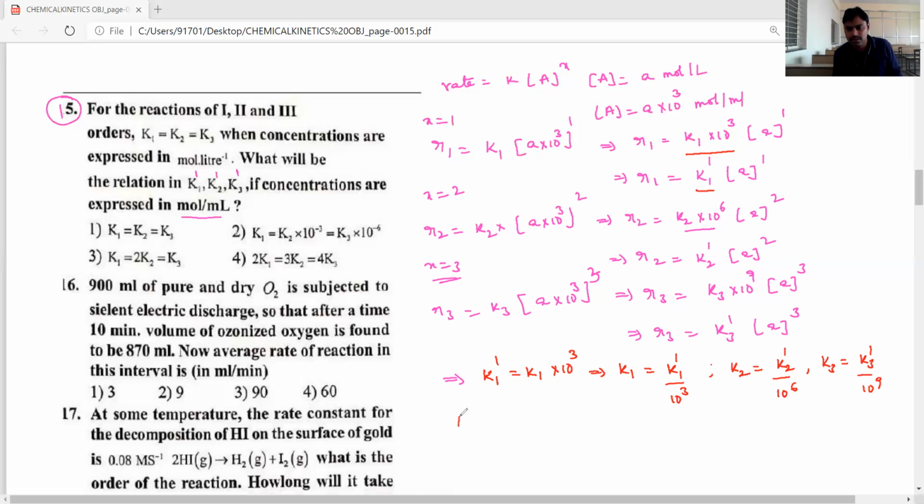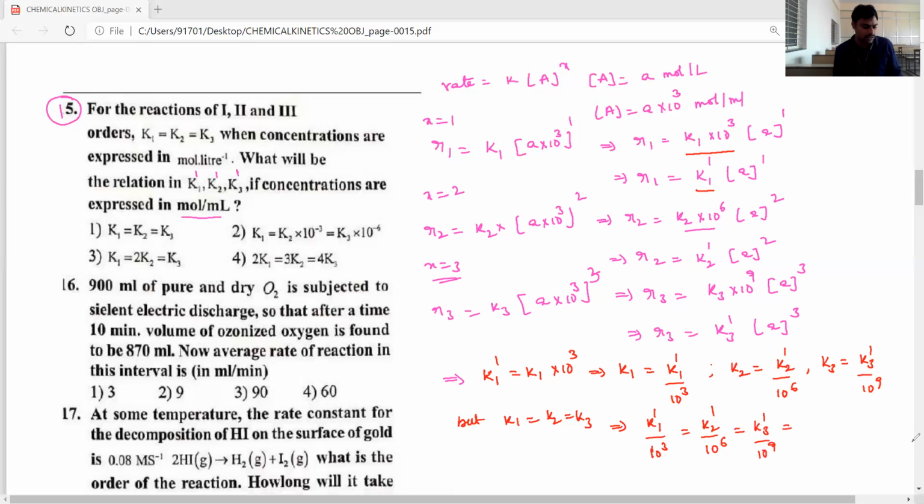But K1 is equal to K2 is equal to K3 gives rise to K1 dash by 10 to the power of 3 is equal to K2 dash by 10 to the power of 6 is equal to K3 dash by 10 to the power of 9.